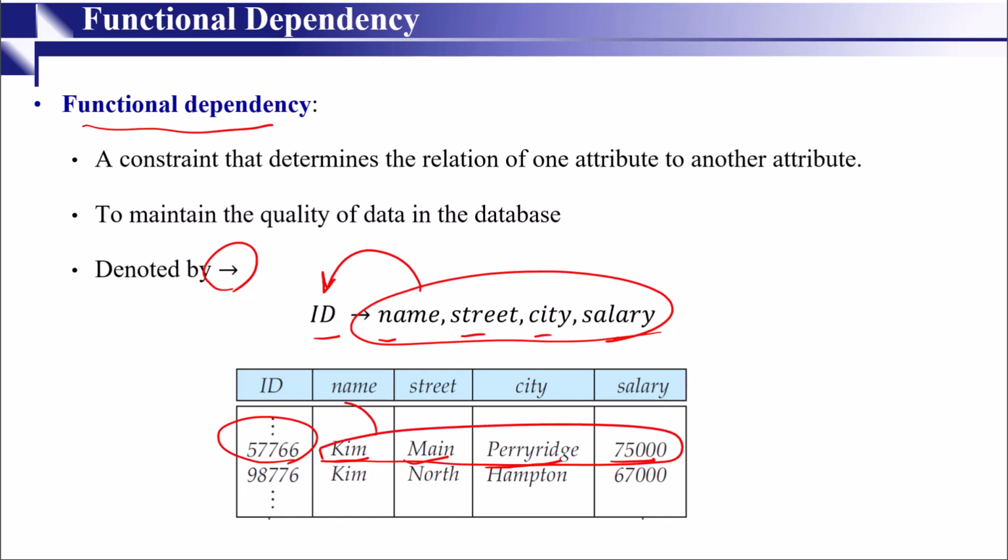So we say this information is dependent on this ID. The functional dependency ensures that each ID maps to exactly one set of values, and in this way it can maintain data quality. Violating this, like having the same ID with different names, would confuse the database. So functional dependencies are critical for integrity.